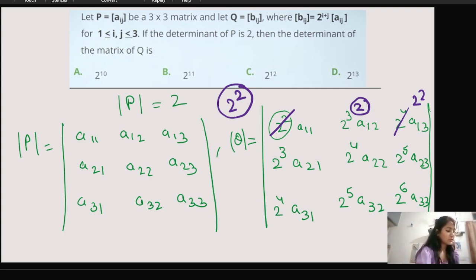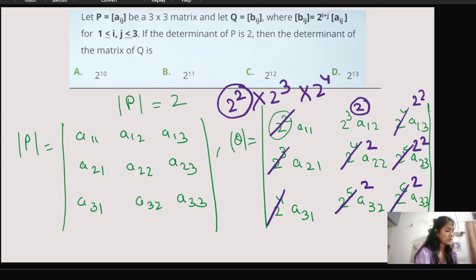Next, we can take 2 cube common from this row. So here we are taking 2 cube common, and here we get 2, and here we get 2 square. Then from here we can take 2 to the 4 common, so here we get 2 and here we get 2 square.